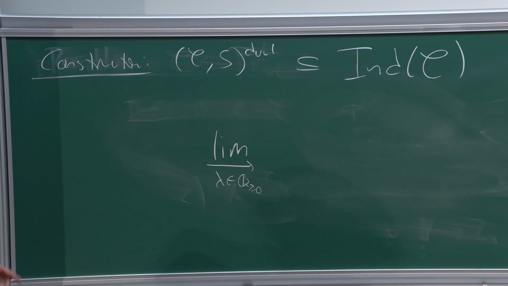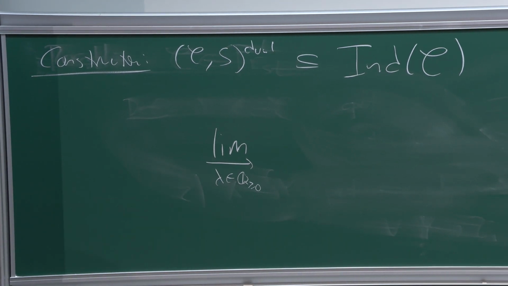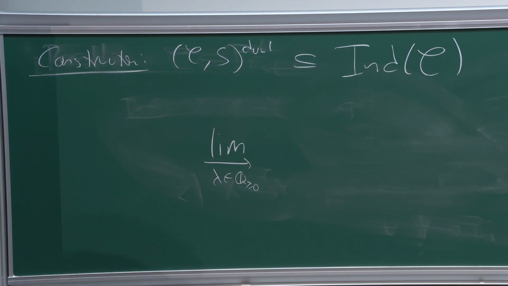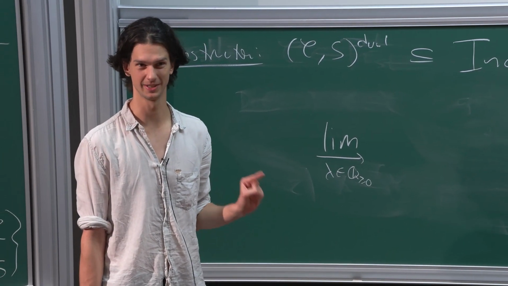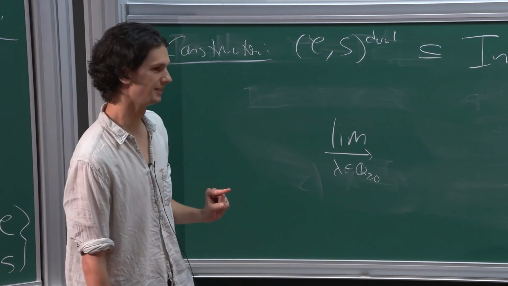Before I had a sequential colimit that's indexed by the natural numbers. Now it's going to be a colimit indexed by the positive rational numbers, that's a poset under less than.